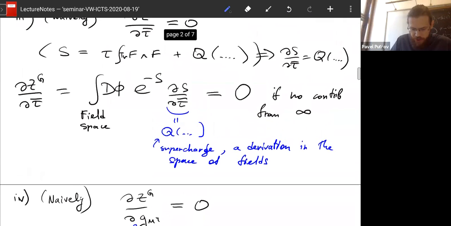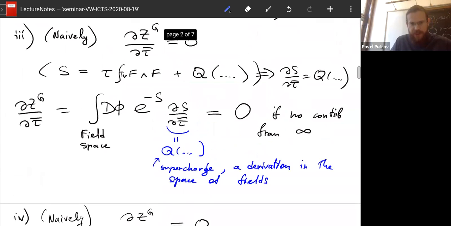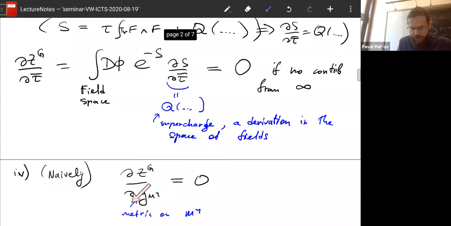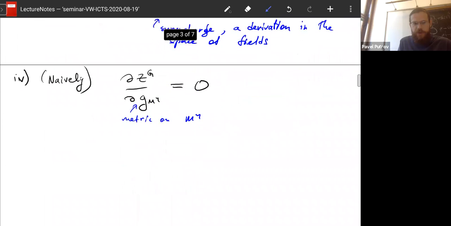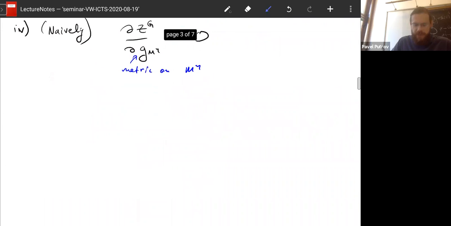The argument is essentially the same as in the previous case, because once we represent it in this way, this part is not only holomorphic in tau, it is a topological term, it doesn't depend on the metric. By the same argument, if there is no contribution from infinity, then this is also 0, in a good situation when there are no contributions from infinity.